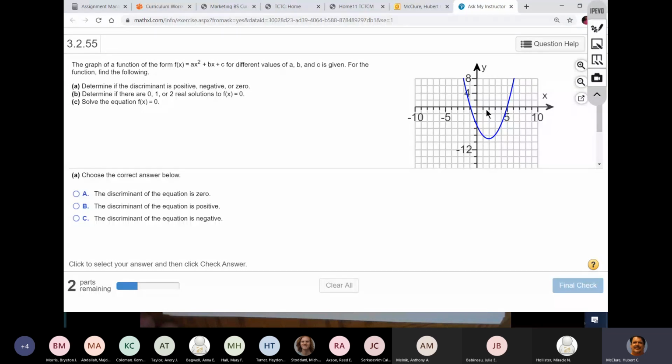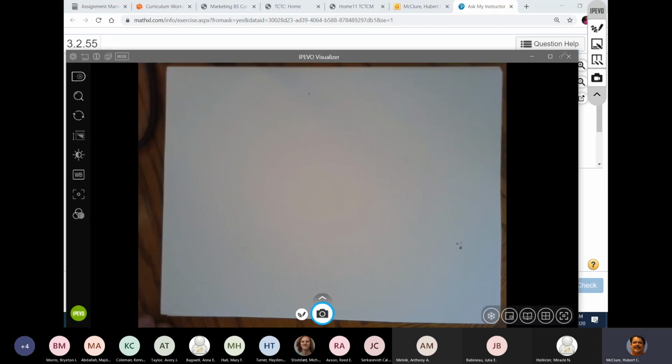So we got a horizontal shift of 2 to the right, so that would be -2.